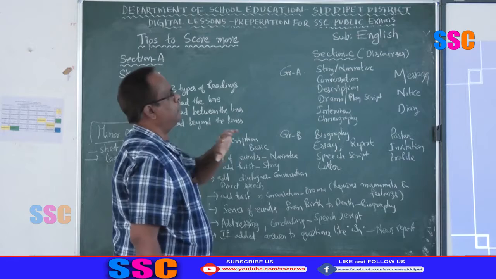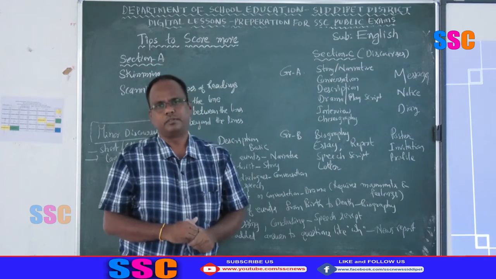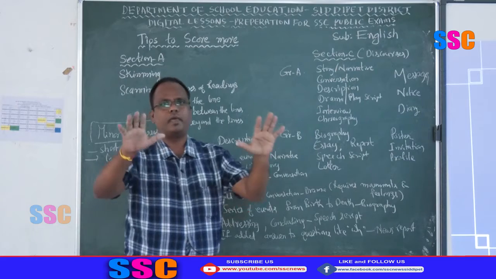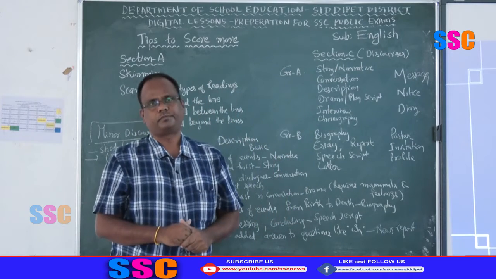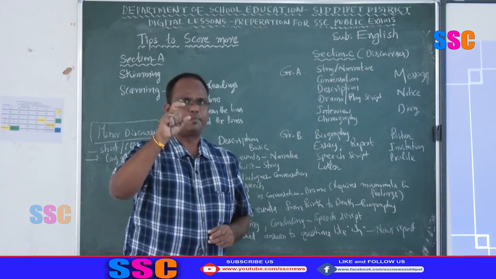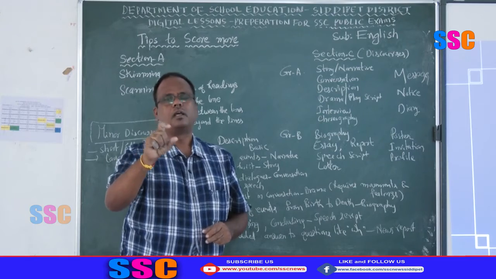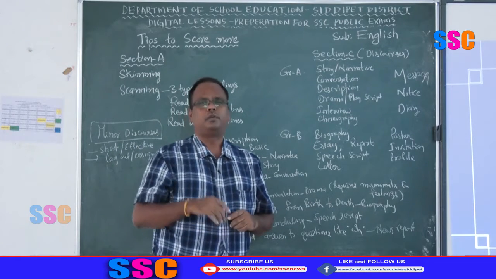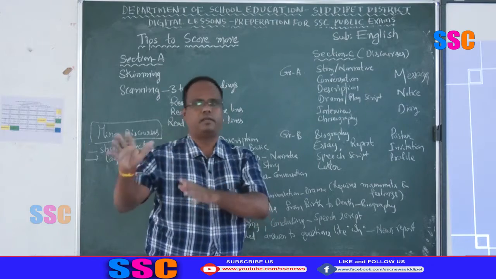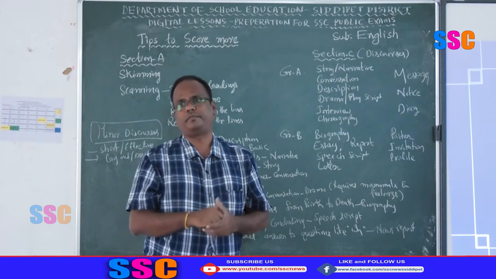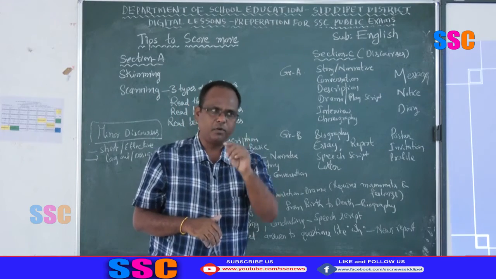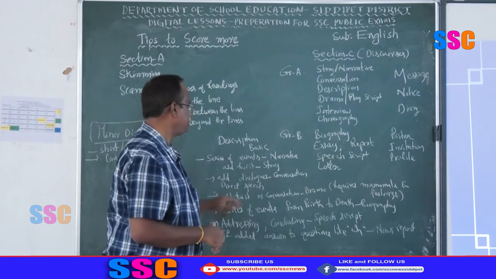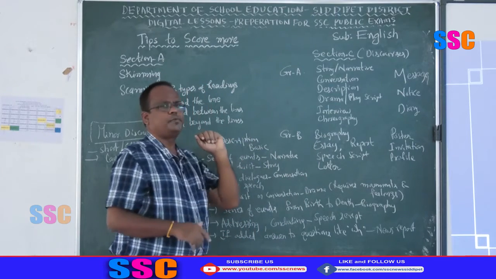Fine. Whatever the discourse may be, I say that description is the basic major discourse. You just practice on description, and I can say that you can easily migrate to any other discourse without much difficulty. I can give you one particular example, but after my session. What is description?